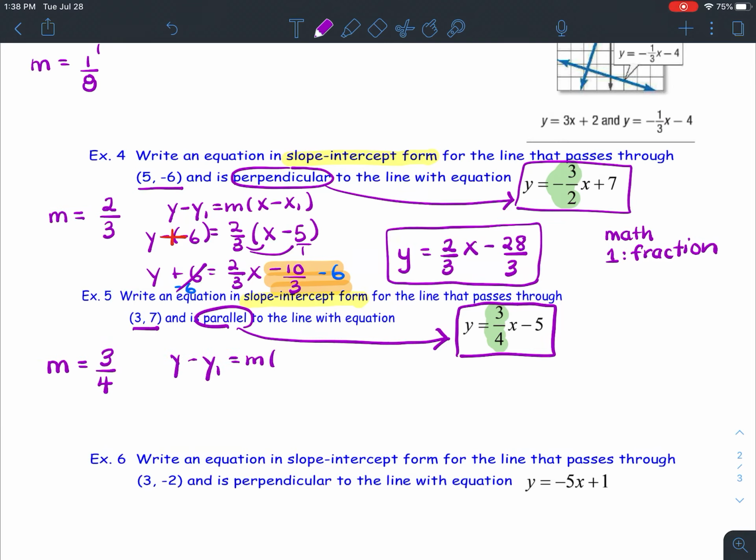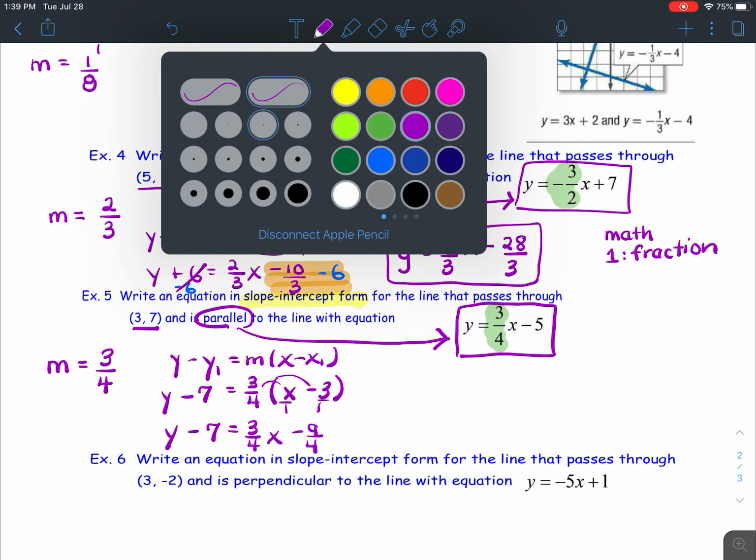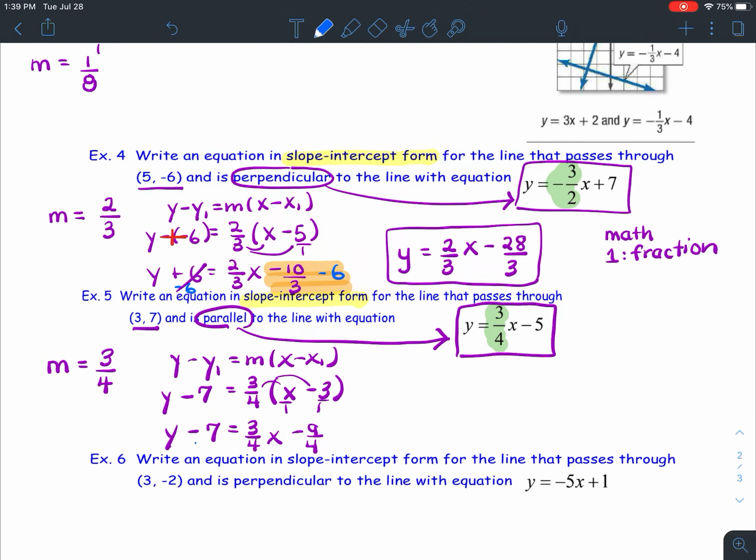I'm going to go to point slope form. I'm going to go ahead and substitute my slope in for the m, and then I'm going to use my point here, 3, 7. You got to be careful. Make sure you're plugging the x coordinate in for x1 and the y coordinate in for y1, and then we are solving this equation for y by distributing the 3/4 to the x minus 3.